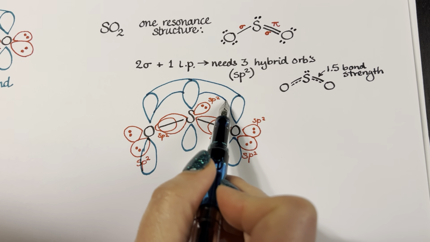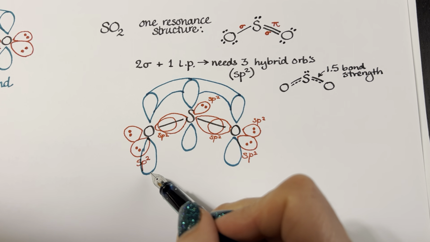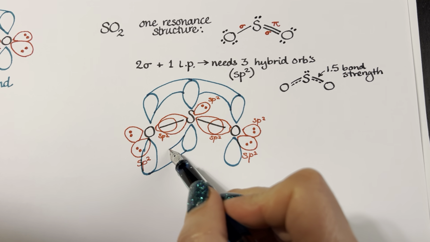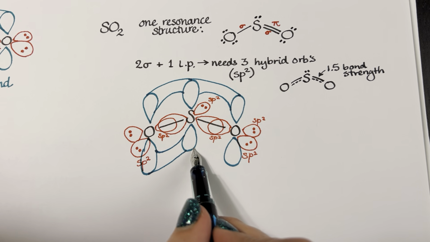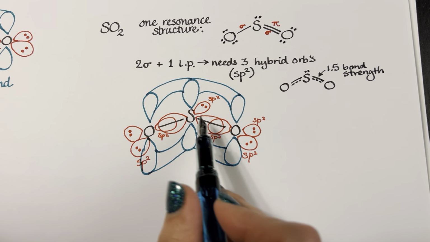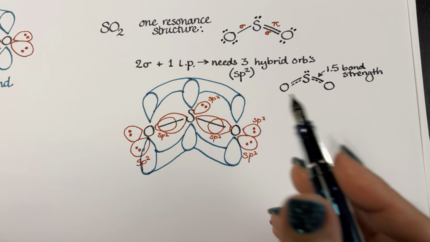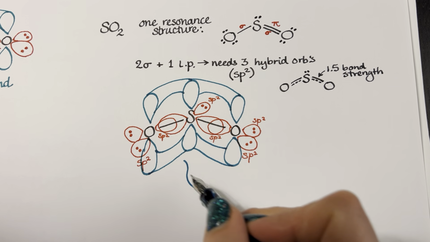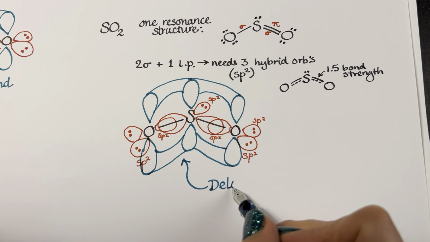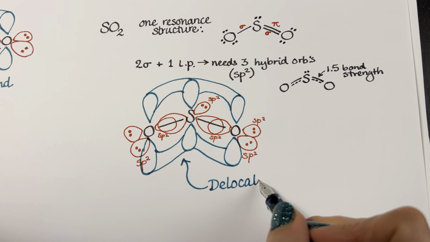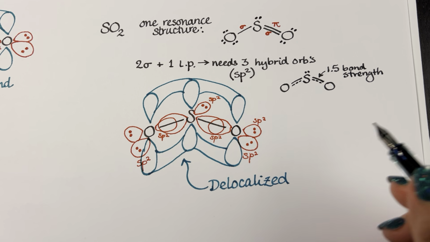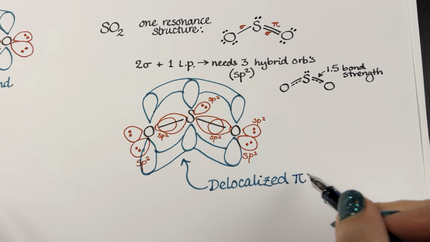So we've got this pair of electrons that is being shared amongst all three atoms. What we have in here are what we call delocalized pi electrons.